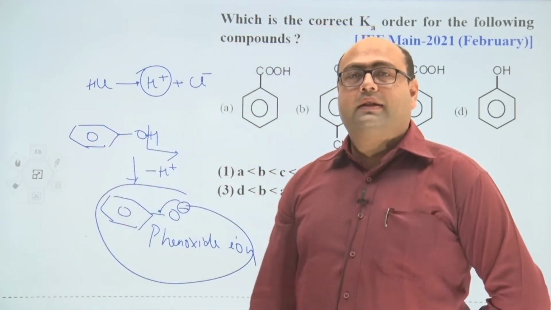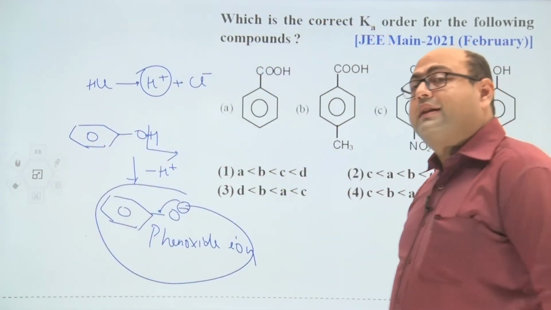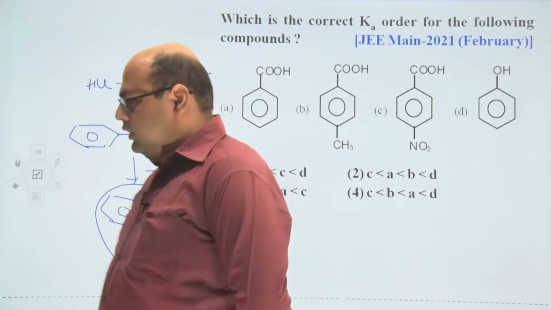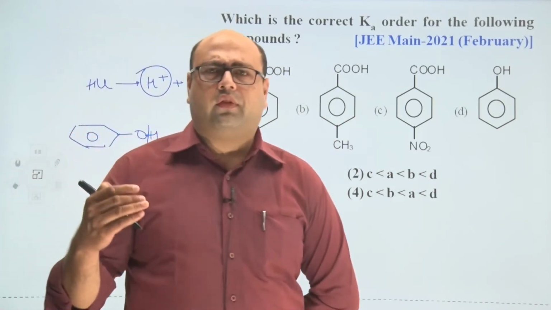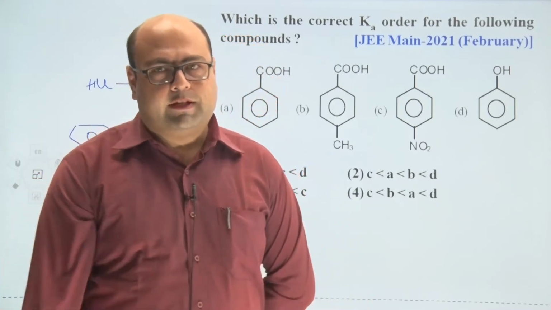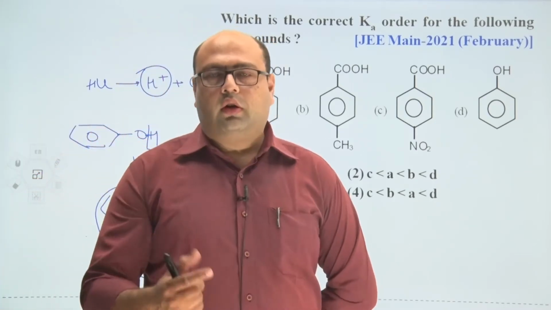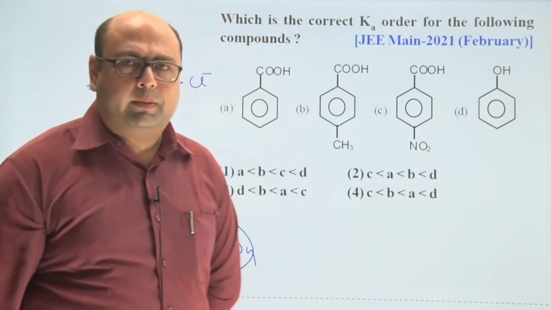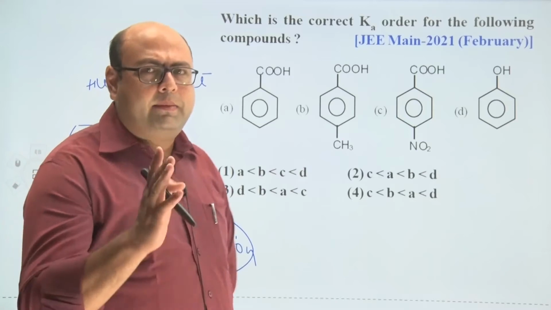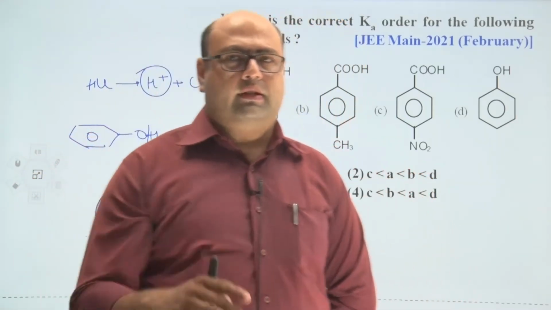They are asking the increasing order of Ka, meaning they are asking the acidic strength order. So indirectly we have to see the stability of ions which are formed after the donation of H plus ion. After the donation of H plus ions, most probably in all, negative ions will be formed. So let's see the stability of the negative ions formed after the H plus donation.